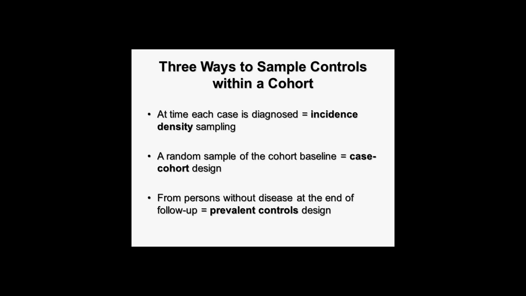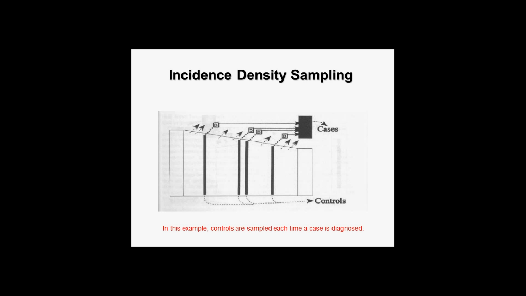Another way is to take a cohort study that's already been done. Within that cohort study, do a nested case control study. We do this all the time. We're actually designing a study right now looking at biomarkers and how they relate to sepsis, or having the first event of sepsis. This is called a nested case control study. Within a nested case control study, the sampling is a lot different.